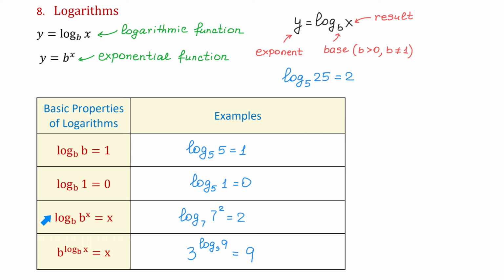And notice that these two properties are the compositions of the logarithmic and the exponential functions. And because these two functions are inverses of each other, the result of the composition is x.